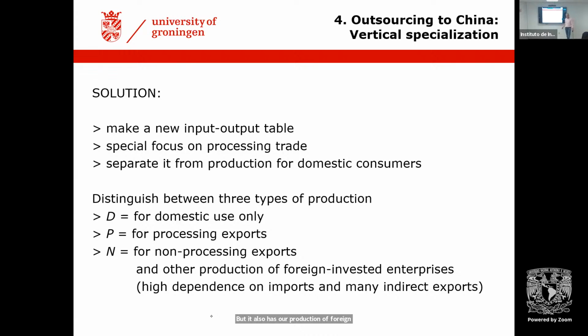In China, one foreign invested enterprise imports the product, sells it to another foreign invested enterprise in China to do the next step, and they export it. So it is close to processing export, but there are one or two steps in between by foreign invested enterprises. So this is an intermediate type of production. And we saw in the results in the tables that it was different.